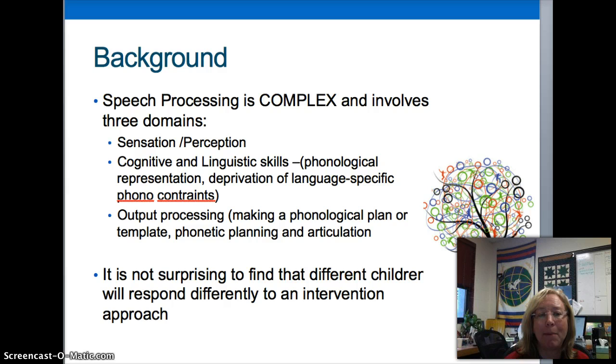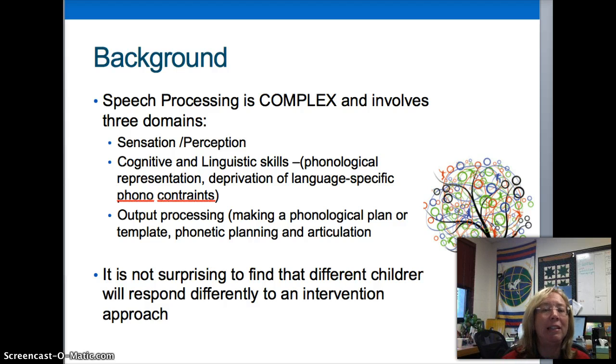The next thing that happens is the output. What we have to say is very complicated, so we have to make a plan. It's pretty amazing when you think about it. I'm just sitting here verbalizing, and the ideas start in my brain, but they have to travel through the system and come out my mouth and make words that are understandable.